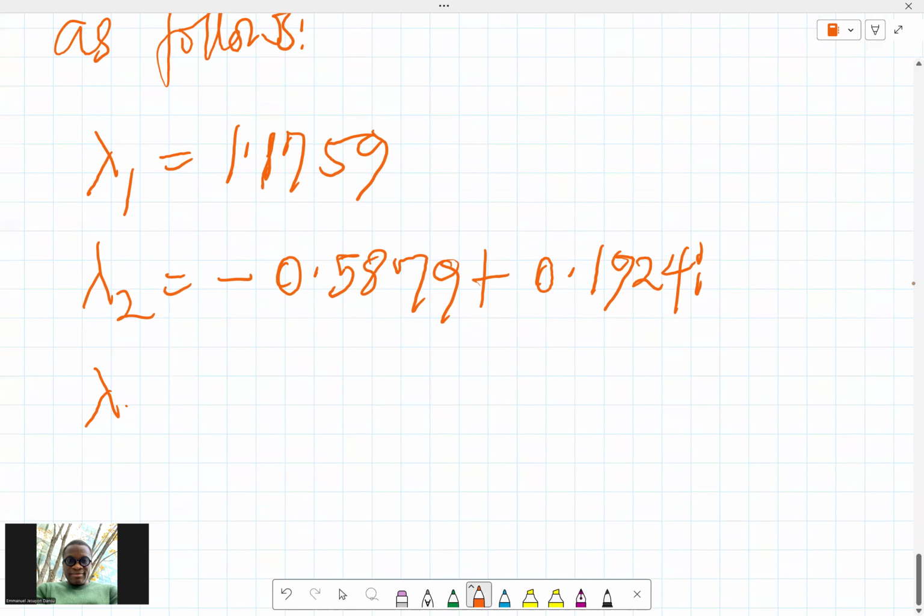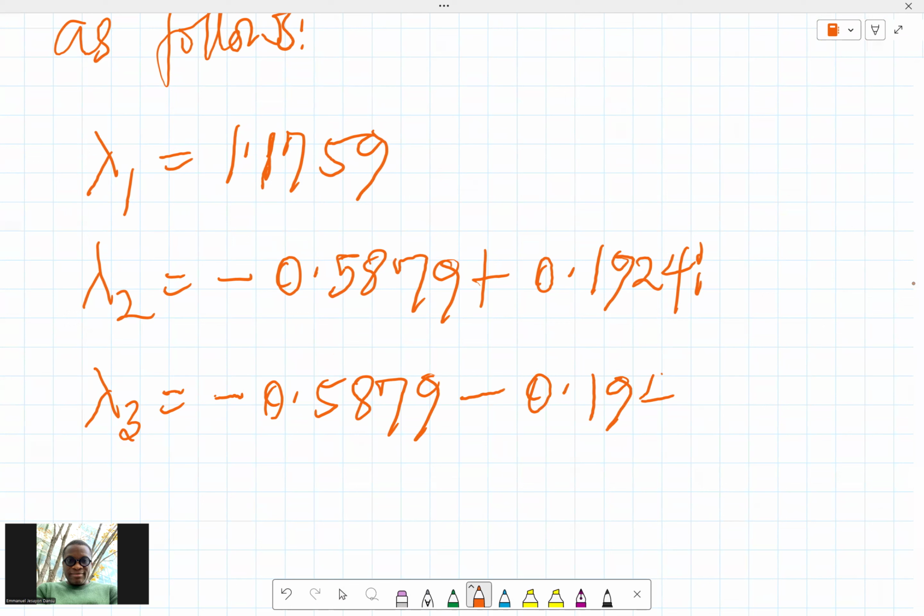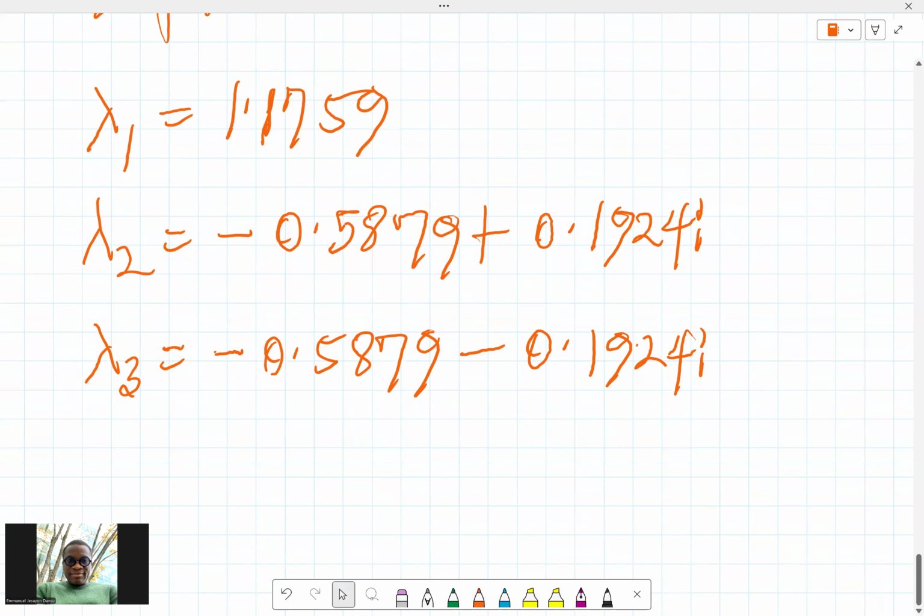Then we have lambda 3, which is minus 0.5879 minus 0.1924i. Okay, so these are the three eigenvalues.